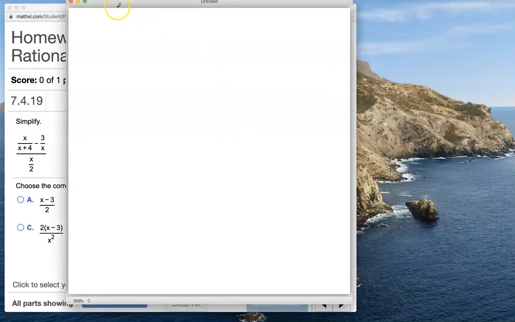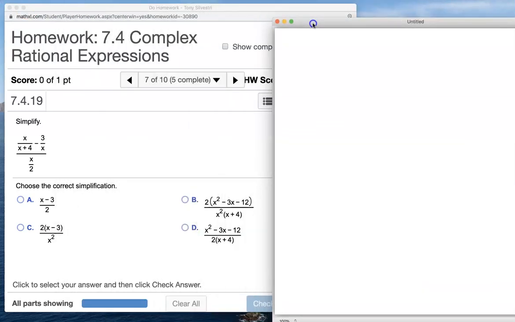We have x divided by x plus 4, and make a bundle out of that, minus 3 over x, big division, x over 2.